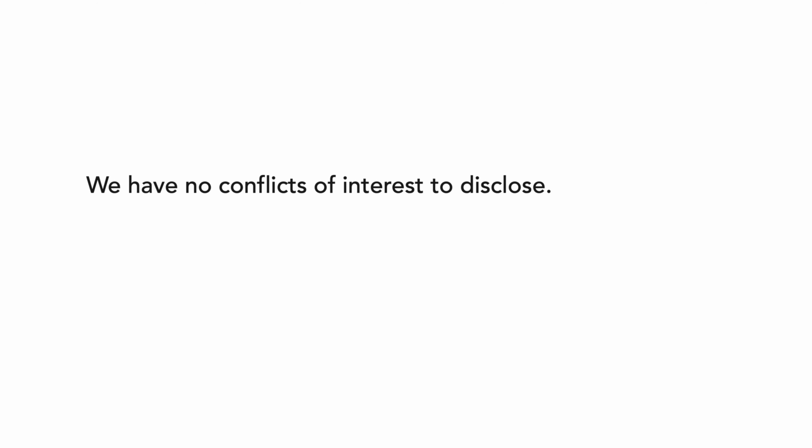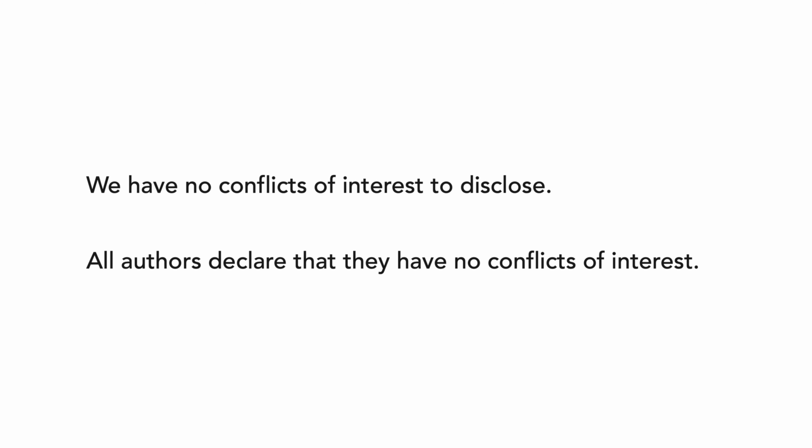But if the journal does not request specific language, in these cases, you can use something like, "We have no conflicts of interest to disclose," or "All authors declare that they have no conflicts of interest." Now, what if any of the authors have at least one conflict of interest? In this case, you need to list them out for each author.